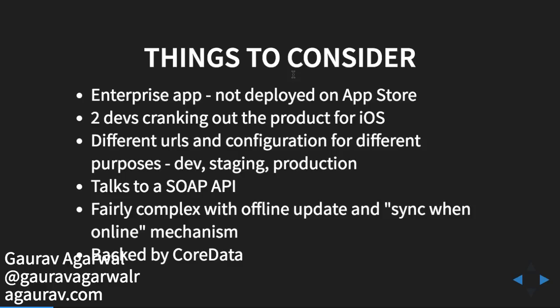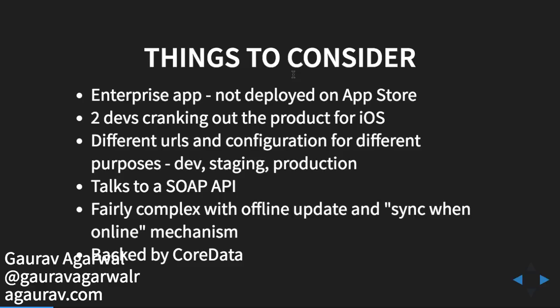So moving on, things to consider about the app we are building at Tarka Labs: it's an enterprise app, not deployed on the App Store. Well, that's not true anymore, but at least that was the case a year back. Two devs cranking out the code for iOS, with different URLs and configuration for different purposes: dev, staging, production.